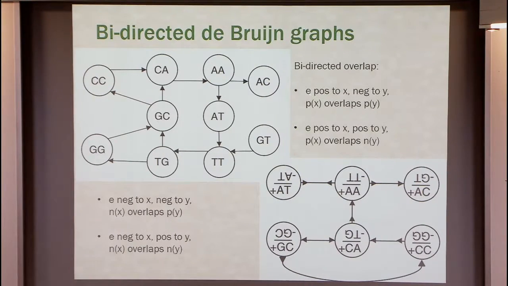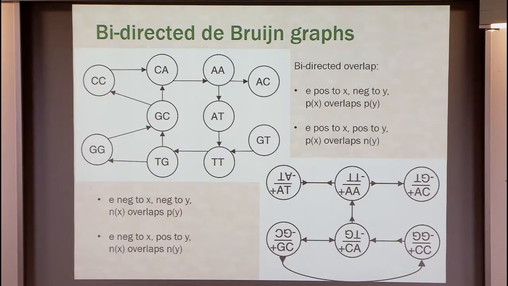So for example, if E is positive to X and positive to Y, then the suffix of X, AT, overlaps the prefix of Y, which is TT. Okay, so this rule worked.